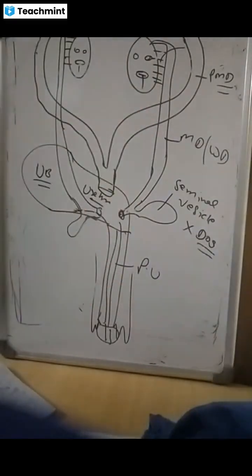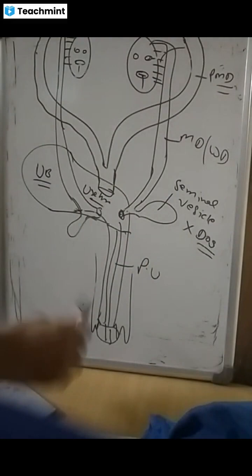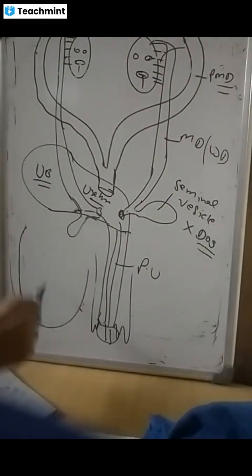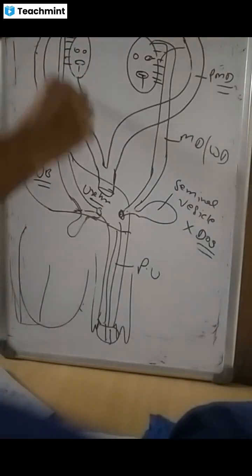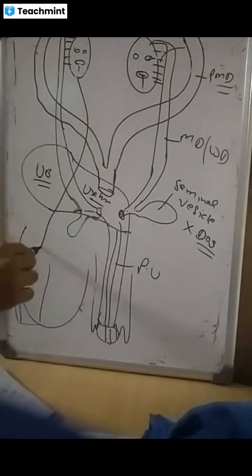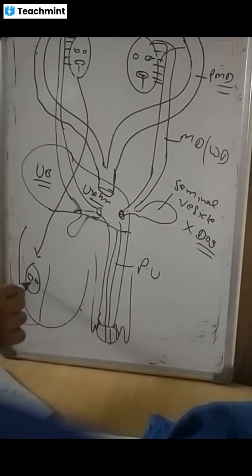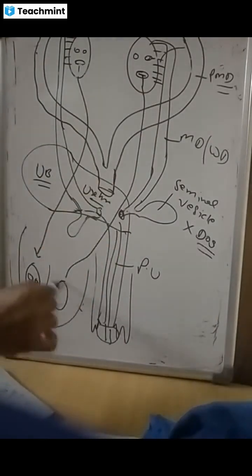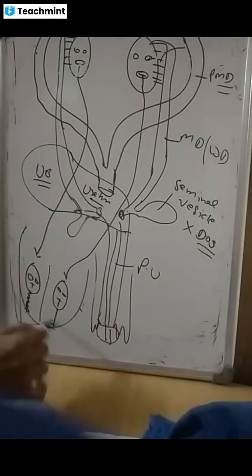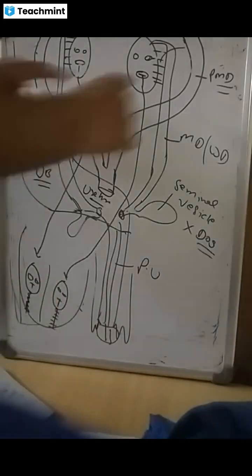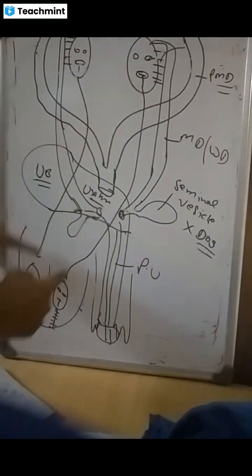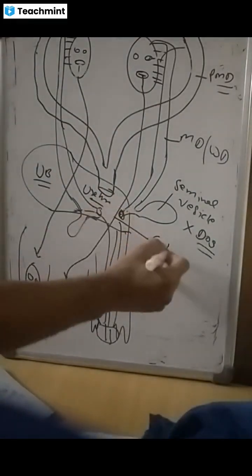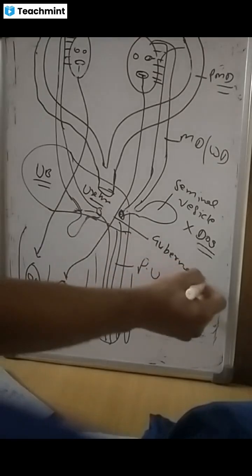For their descent, see the pouch. There is one thread-like structure to guide them to go to the scrotum, to sit in the scrotum. This guiding structure is the gubernaculum.